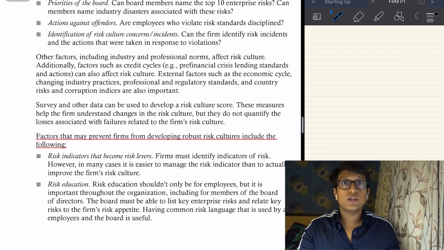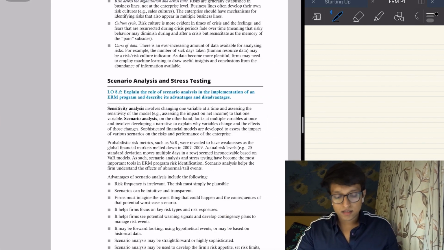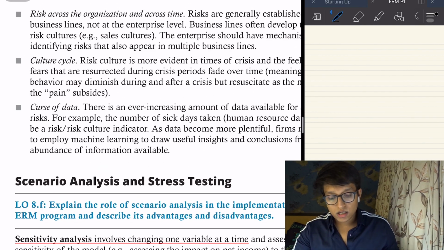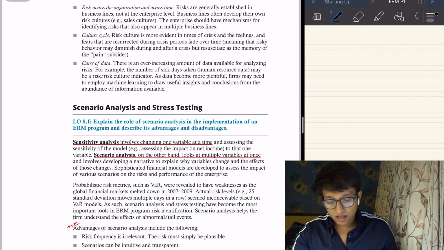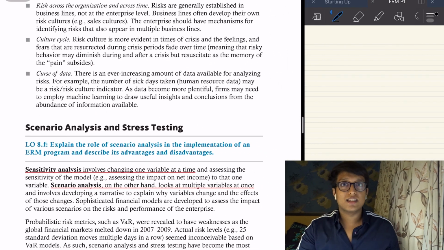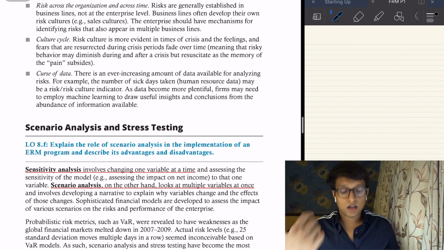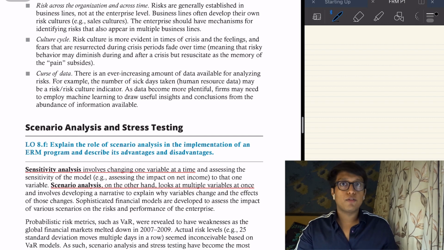Risk education: there is not enough education in the managers about the impacts of taking excessively high risk. Risk across the organization and across time. Culture cycle: in times of crisis, culture obviously goes for a walk in the park, because people forget everything and they just need to recoup their losses.